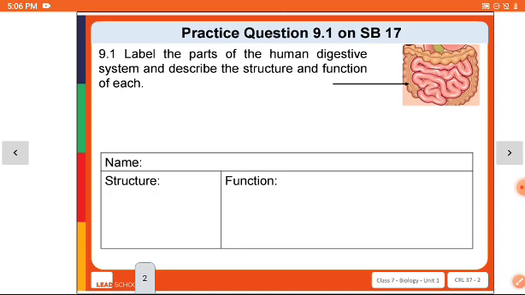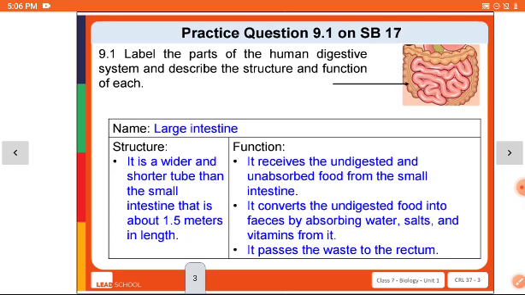Label the parts of the human digestive system and describe the structure and function of each picture shown in the slide. First is the large intestine. Structure: it is a wider, shorter tube, about 1.5 meters in length.